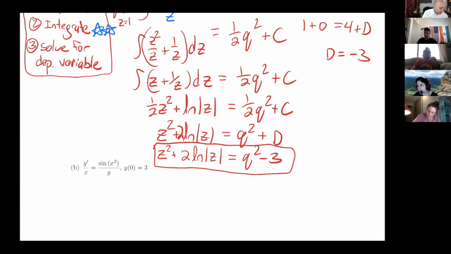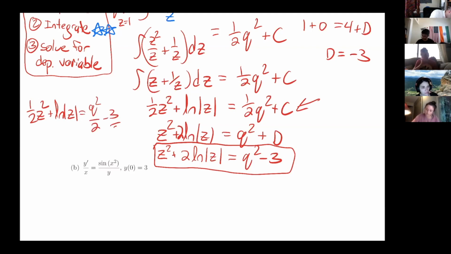Okay, so is it okay to do that? Like you don't have to worry about simplifying it further? Yeah, that's fine. If you just stopped at this point and said, using that form, I'd get 1/2 z squared plus the natural log of z is equal to q squared over 2 minus 3/2. That's the same exact equation as that one over there. Yeah. Okay, cool.